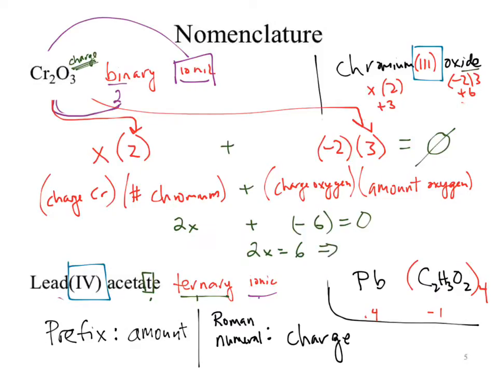And I get X equals a positive 3. X is what I was substituting into this equation for the charge on the chromium. Where's the charge specified? As a Roman numeral in my name.